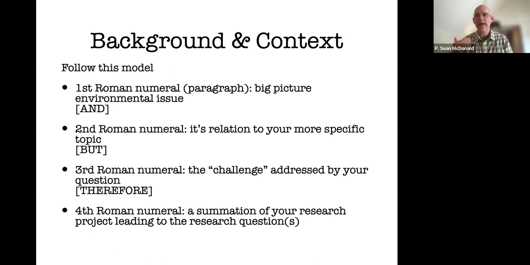Through this process, I asked the question, blah, blah, blah. Okay, then you get to your question. So that's the "and, but, therefore" model.